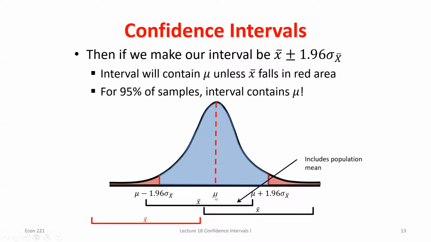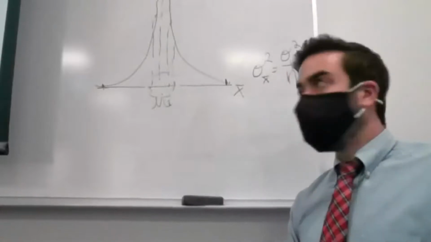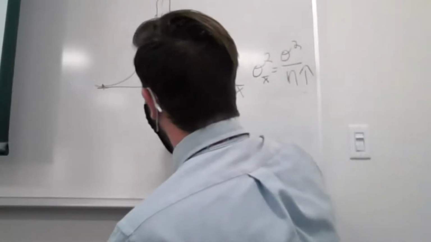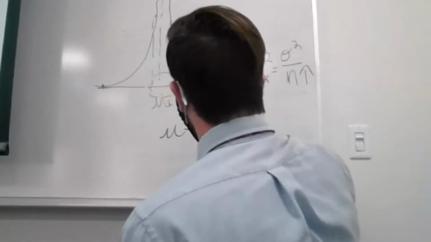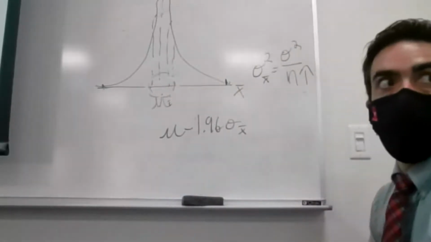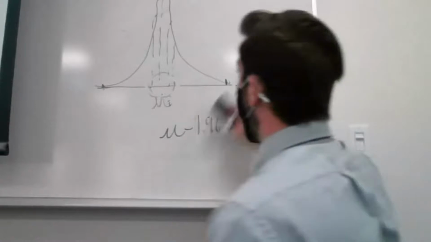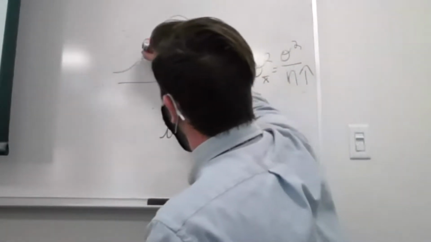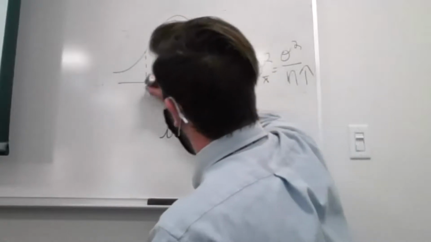So let's think about going 1.96 standard deviations below the population mean. That was creating my cutoff here.